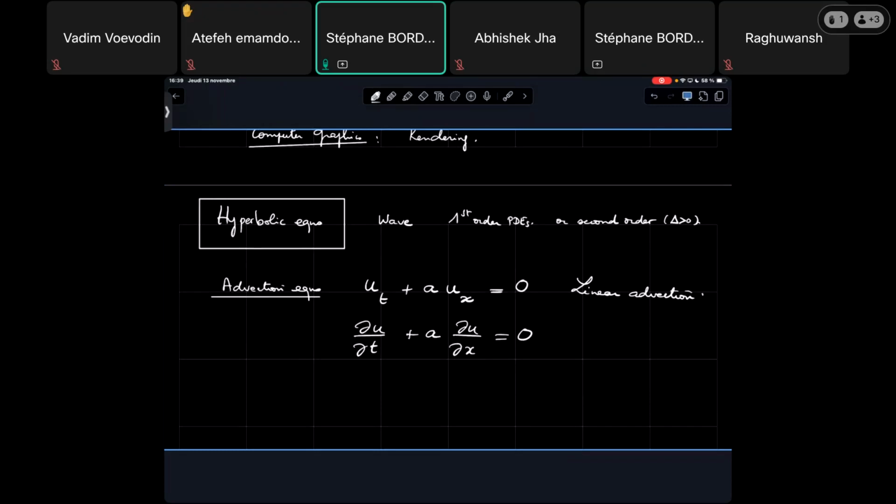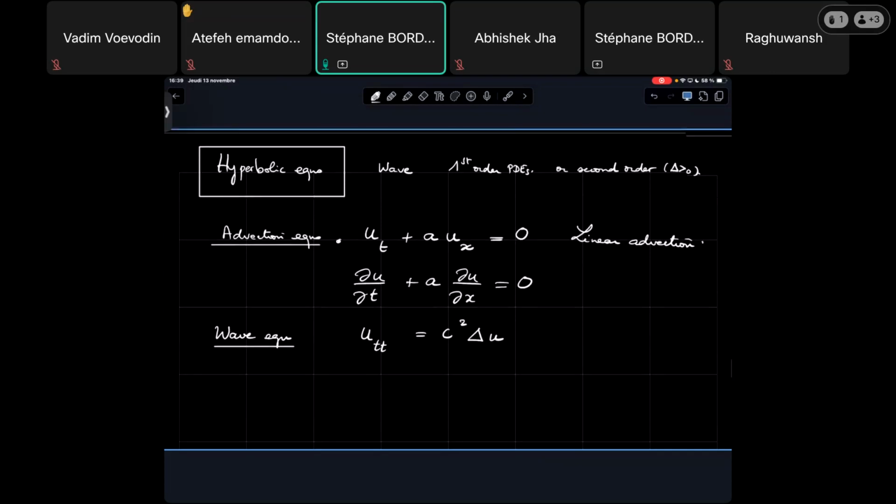Then you have also the wave equation. So this is one advection equation, wave. The wave equation need not be first order. You can have second order wave equations. So for example, that would be u_tt, the second derivative with respect to time, equals c squared, which is the velocity of the wave, times the Laplacian of u.